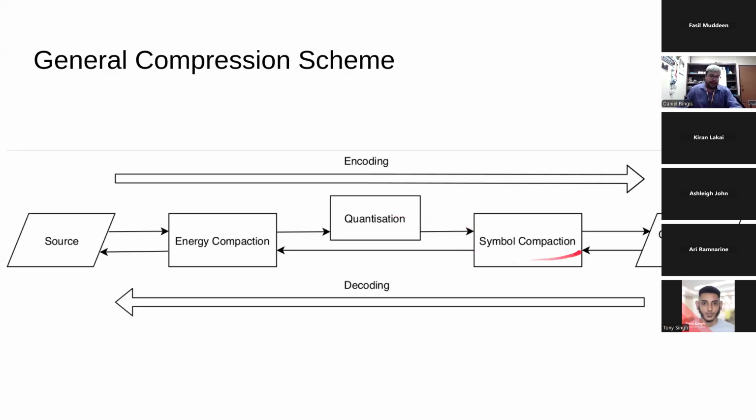Some symbol compaction, which takes advantage of some repeated information or the statistical probability of information occurring and uses that property to compress, and then you have our compressed bit stream.